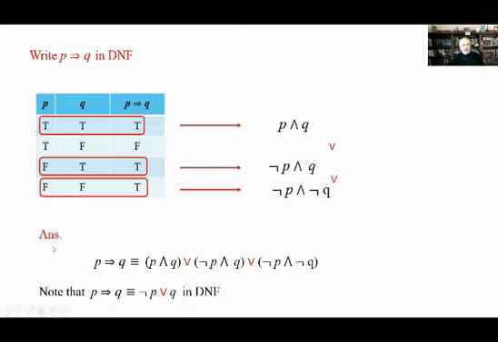So the answer will be: P implies Q is equivalent to P and Q, or not P and Q, or not P and not Q. So we wrote it as sum of products. But you also noticed earlier we proved that P implies Q is not P or Q. So that's another way of writing the same expression in DNF.